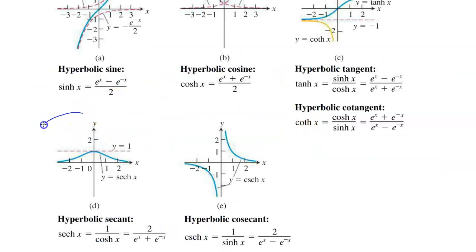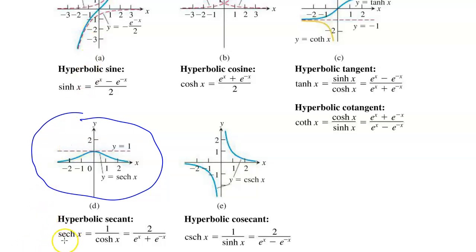Referring back to the graph of secant hyperbolic, we see that the range of this function is between 0 and 1. So it is always above the x-axis, which means none of its y values will be negative. So we can look at the absolute value of secant hyperbolic as just regular secant hyperbolic.